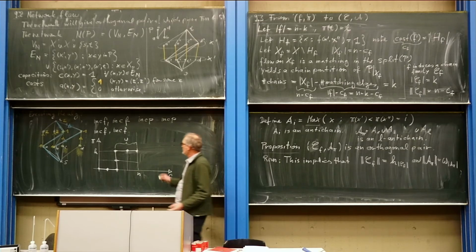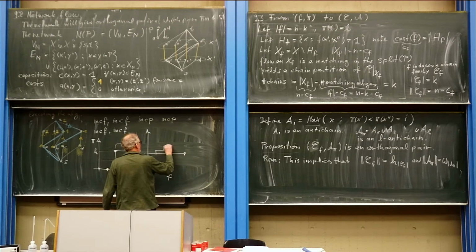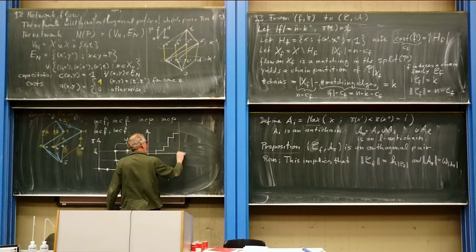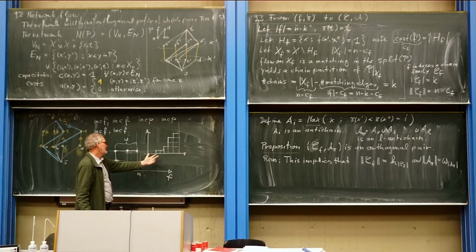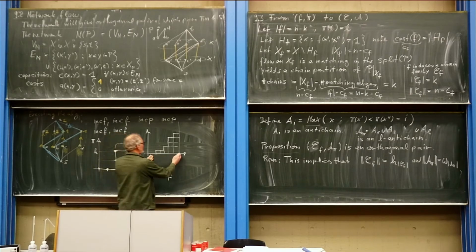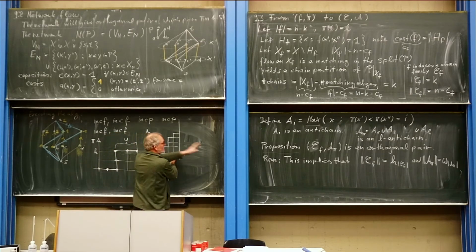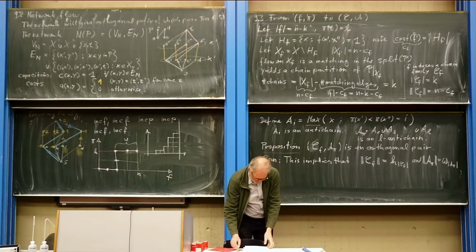In general, this shape will look more like, say, this. Of course, this is a reflected Ferrers diagram, but if we do the reflection here at this line, we get a Ferrers diagram in the way I have drawn it.